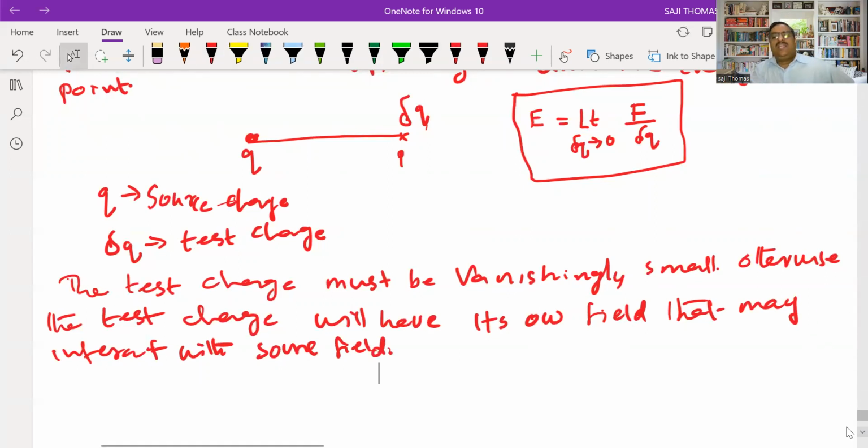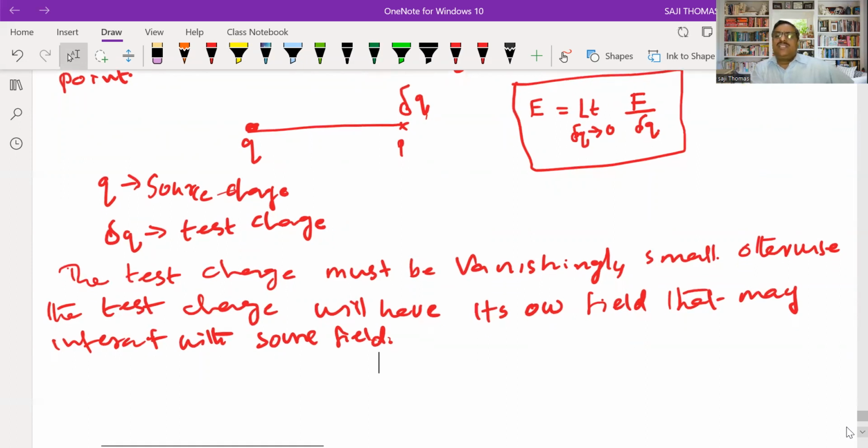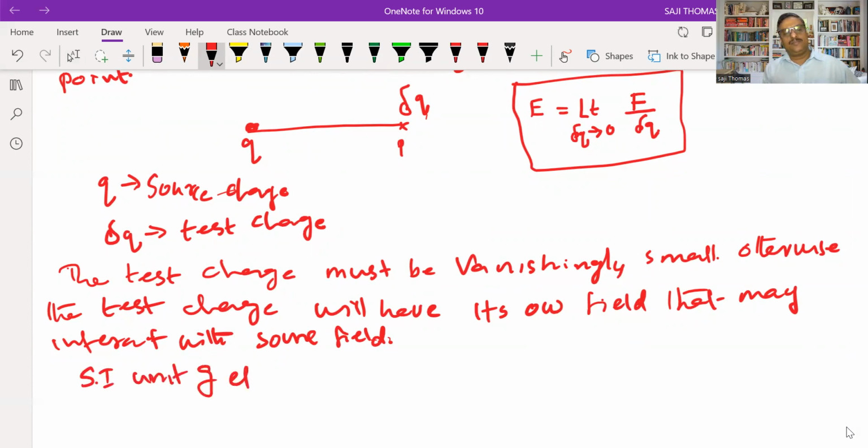Okay. Now, what is the SI unit? You know, force by charge. Force is Newton, charge is Coulomb. So the SI unit of electric field. Electric field intensity we usually call electric field. It is represented by the letter E. The SI unit of electric field is force by charge.